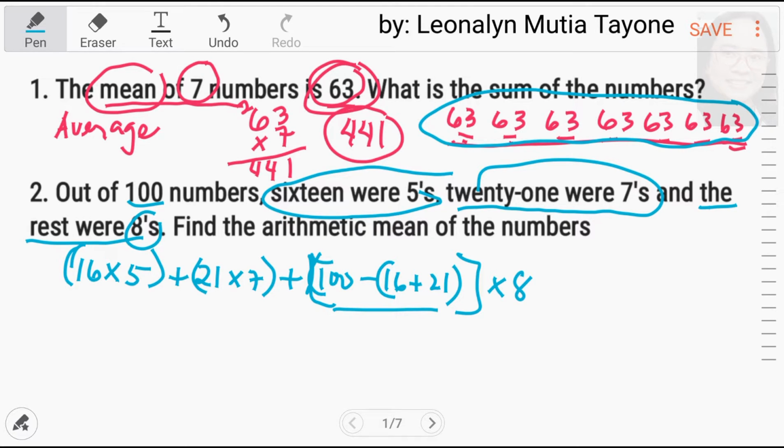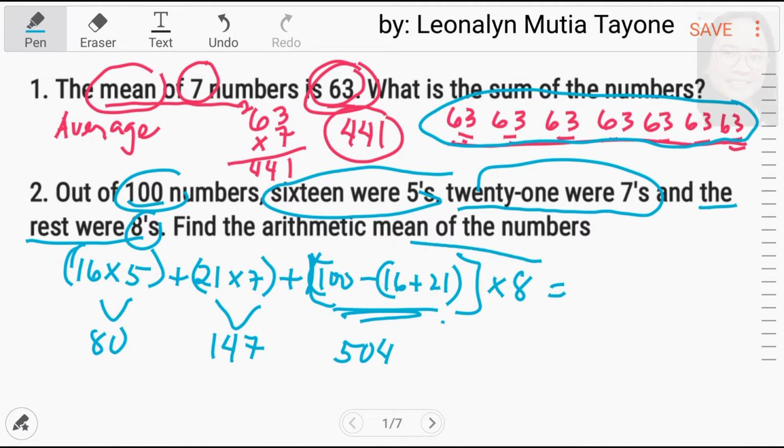We already have 16 and 21, and we subtract them from 100. Let's solve this: 80, then 147, and 504. If we add them, 80 plus 147 plus 504 is 731.